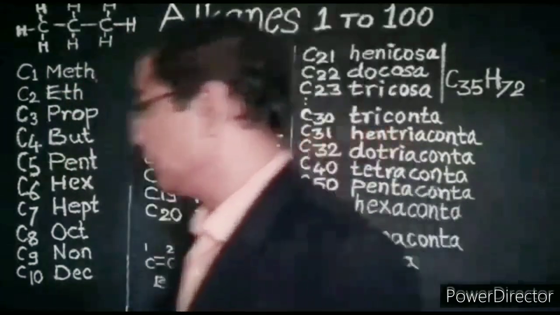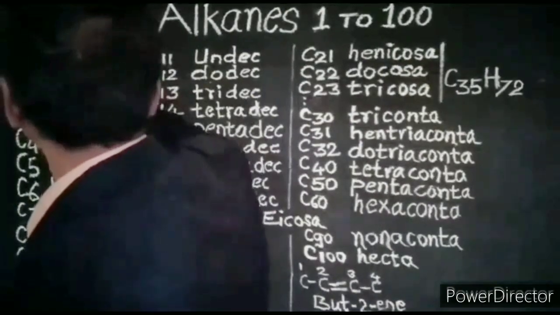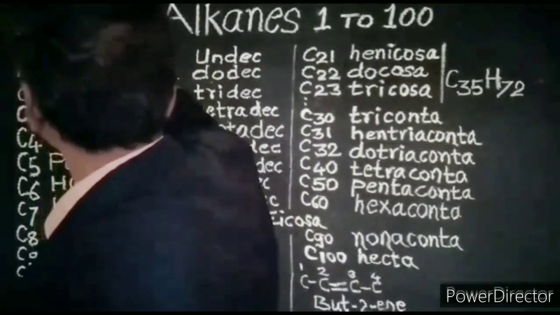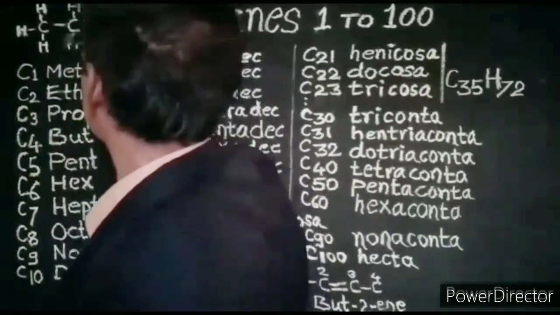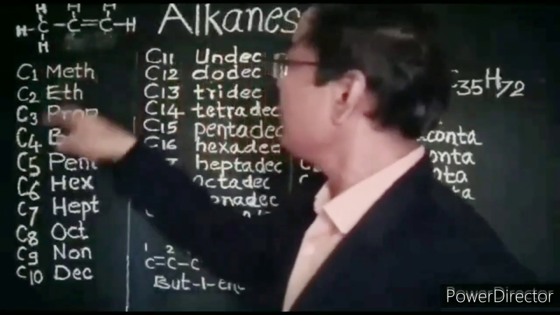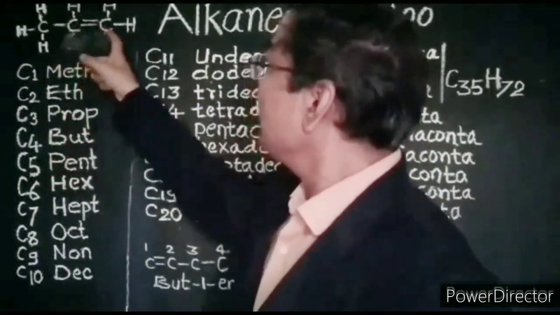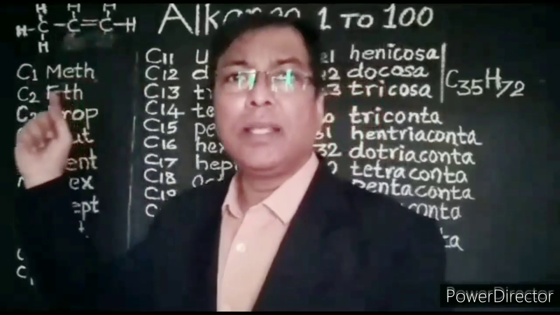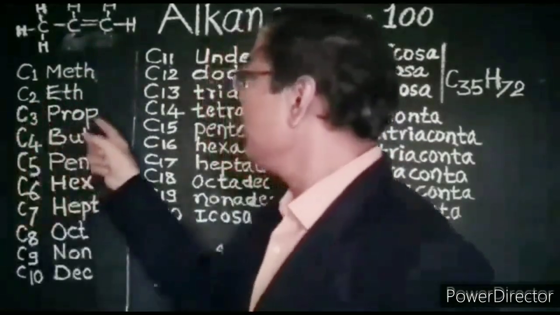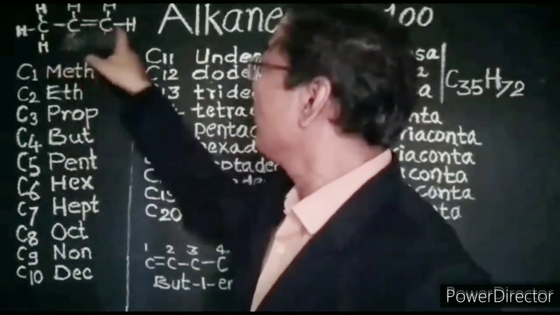If it is like this, again there are 3 carbon atoms, therefore we call it prop, and as there is a carbon-carbon double bond, it is an example of an alkene, therefore we use the suffix ene, and the name becomes propene.